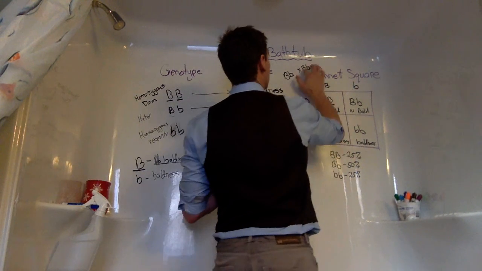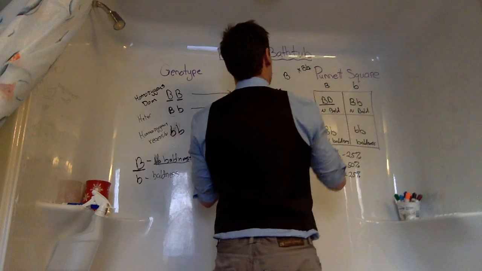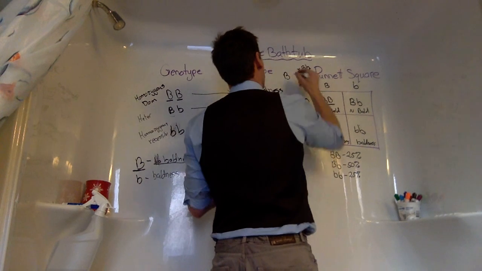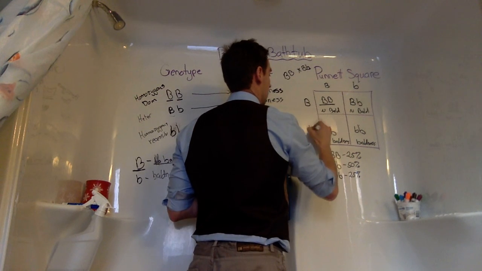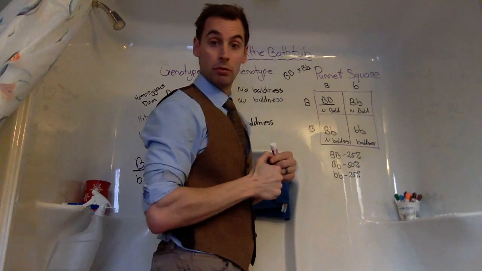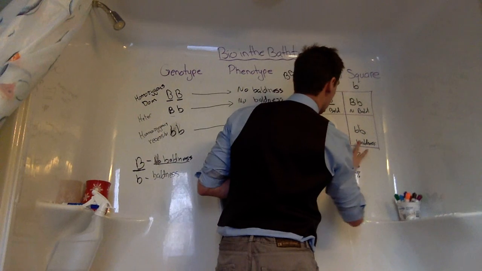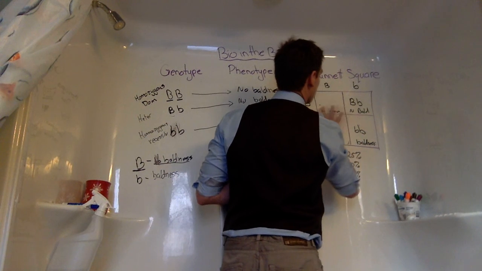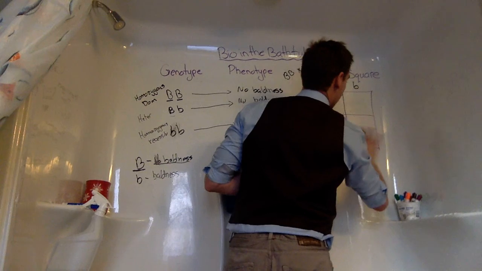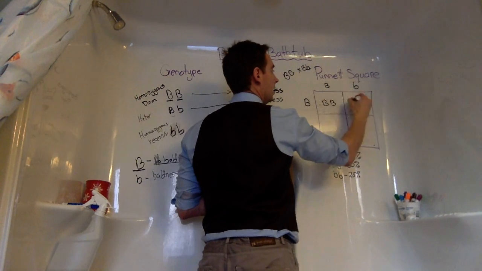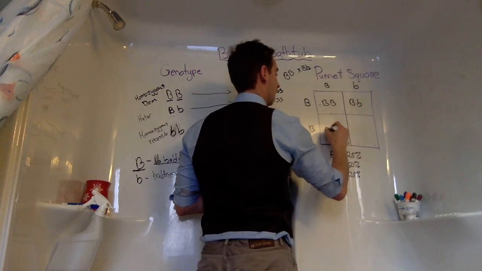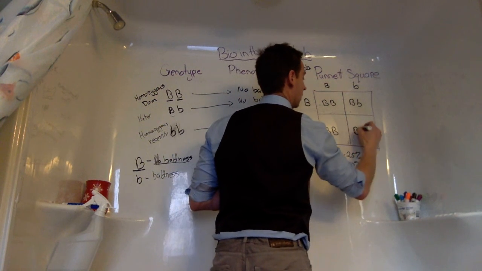So for example, let's go homozygous dominant mixing with a heterozygous individual. Okay? And I'll do this one really fast, just so you can see. I'm not going to put the phenotypes on. I'll just do the genotypes. So we have capital B, capital B. Okay?